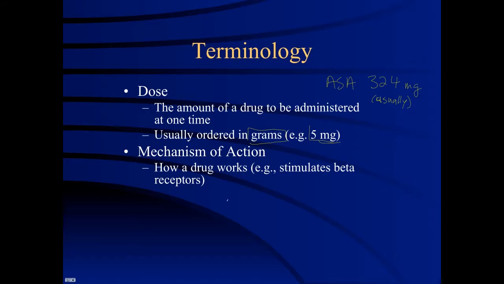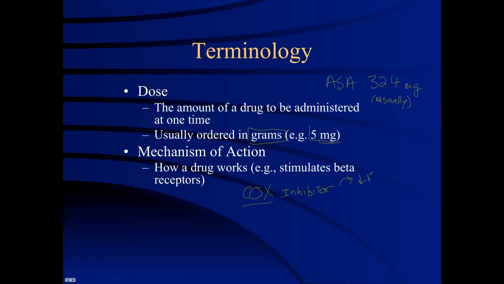The mechanism of action is how a drug actually works. So aspirin, for example, blocks a particular chemical called cyclooxygenase, which is abbreviated COX. So it is a cyclooxygenase inhibitor. This does two things.